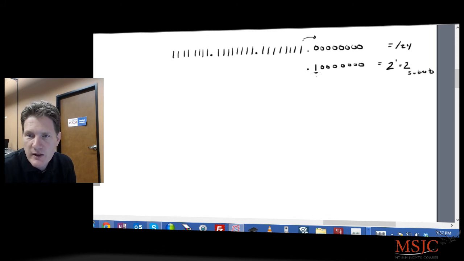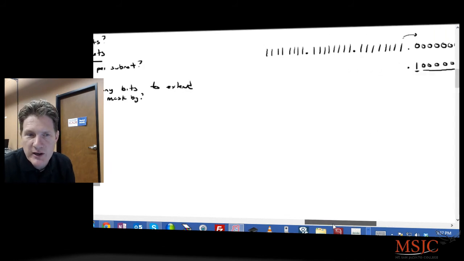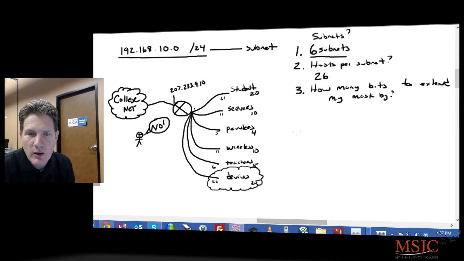Do you see that? How many host bits do I have? And these are my host bits. The zeros are my host bits. I have 2 to the power of 7, that's 128 hosts per network. Will this solve for what I'm trying to do? No, because I need 6 subnets with 26 hosts.